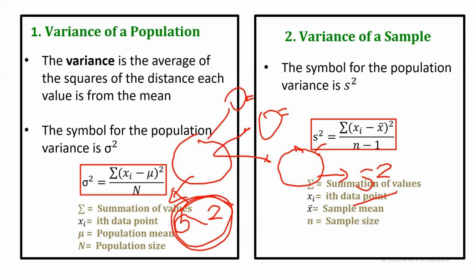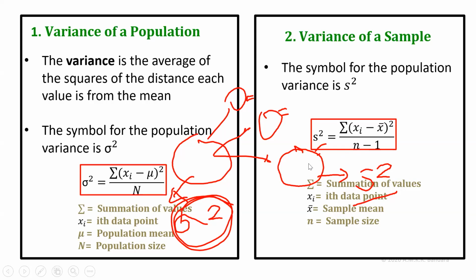So if we computed the sample variance by dividing this quantity by n, it will not be equal to the population variance when we get the average of all those sample variances. If we divide it by n minus 1, then the average of that measure will be equal to this population variance.